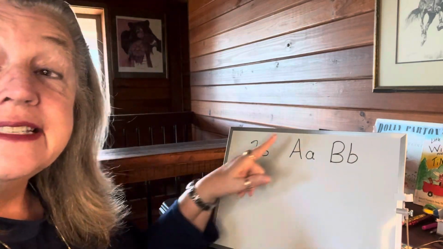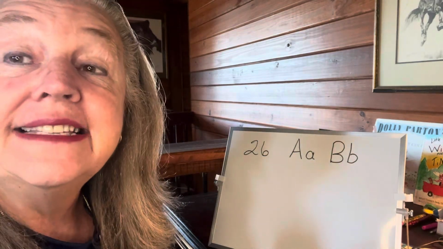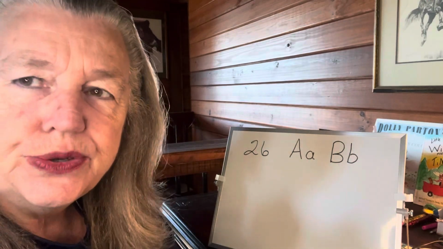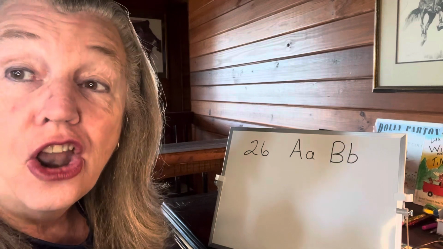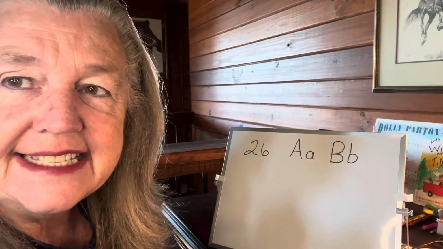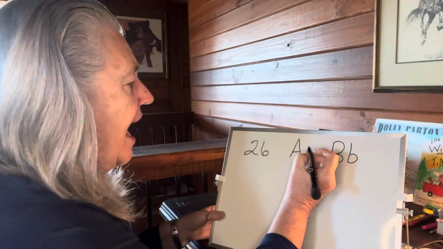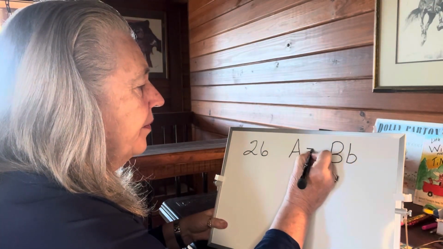Now, since A is a vowel, it has how many sounds? 2. It has 2 sounds. It has a long, that's where it says its name, A says its name. And we code that with a straight mark.